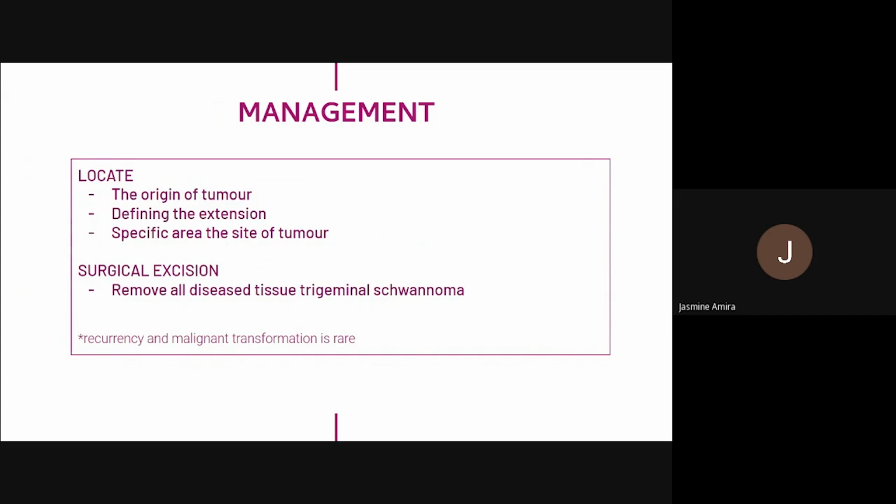The origin of the tumor is from Schwann cells, which could also occur after head and neck injury. After that, surgical excision is indicated as the feature of the tumor is suitable to remove all the diseased tissue. However, recurrence and malignant transformation in neurilemoma are rare.